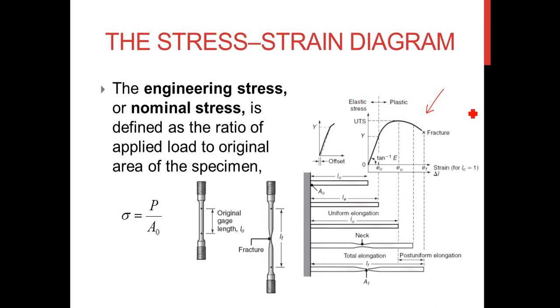If you have a ductile material, for example, you have the specimen made from ductile material, and you perform the tensile test where you give the load to the specimen. At the end of the test, this is the common stress strain diagram that you will obtain.